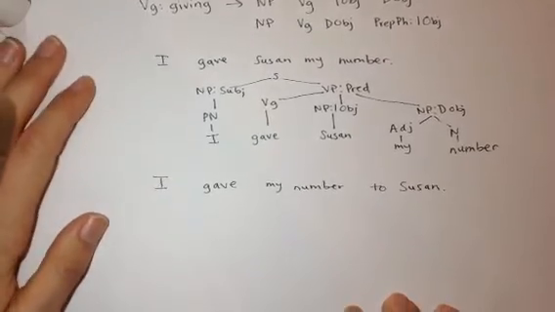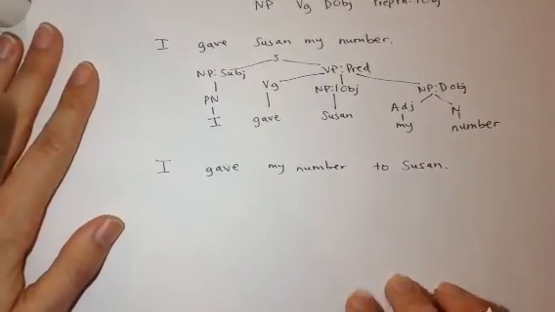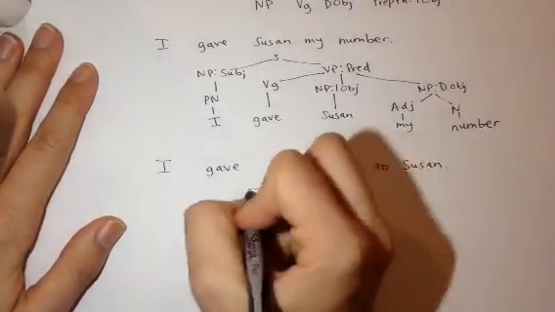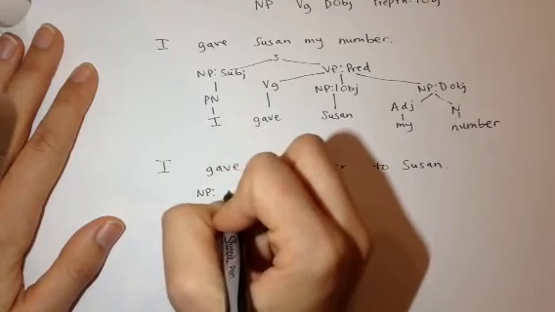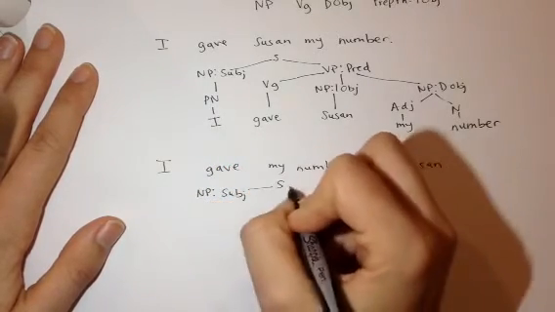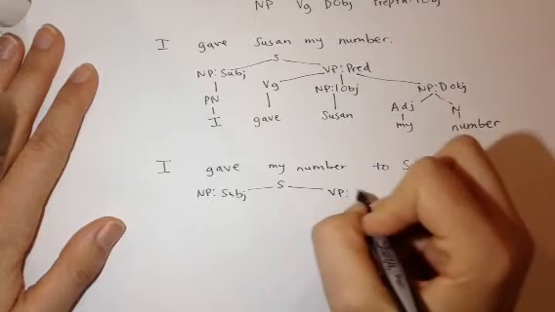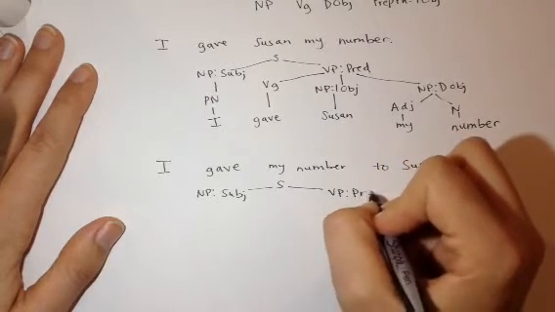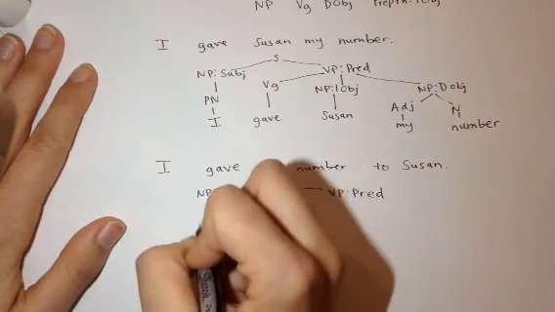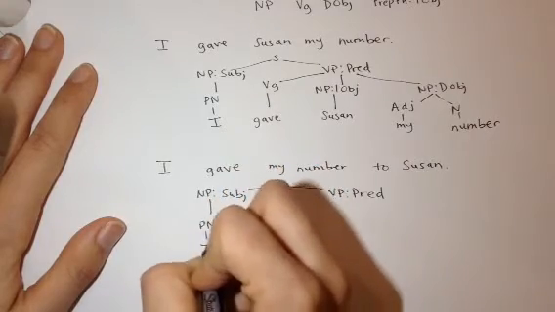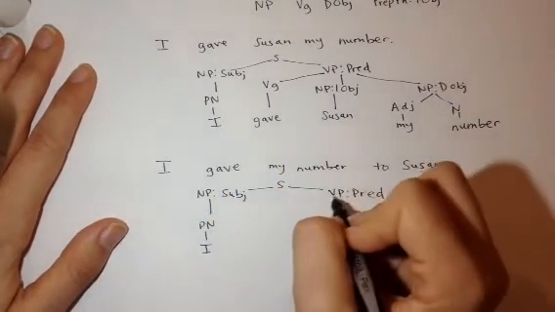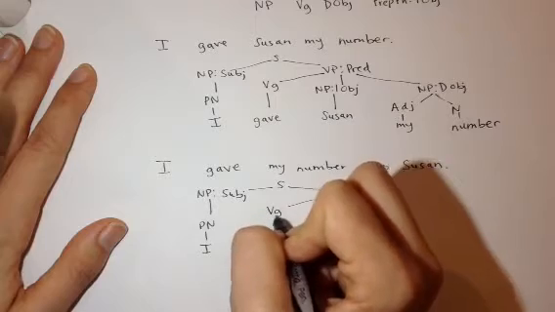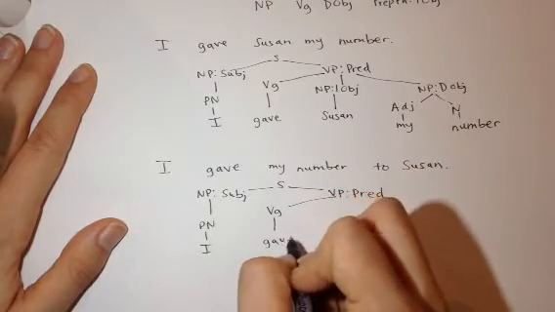I gave my number to Susan. Let's see what we do. We always start with sentence, noun phrase, subject, verb phrase, predicate. We have a pronoun, which is I, right? We have a VG, which is gave.